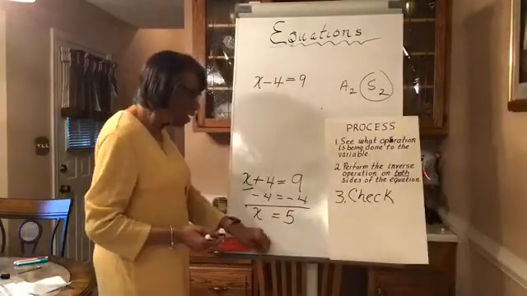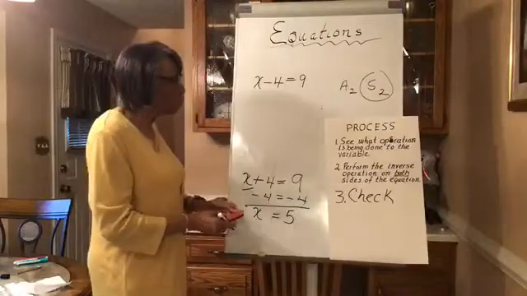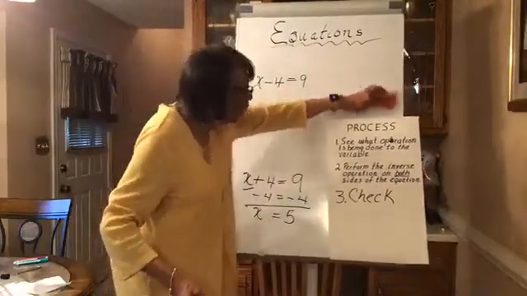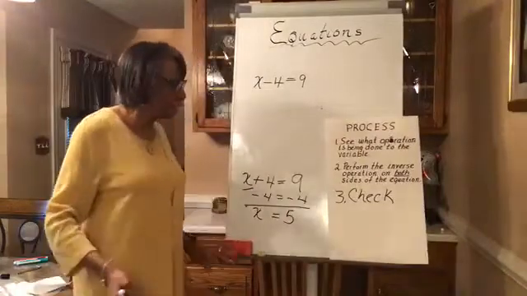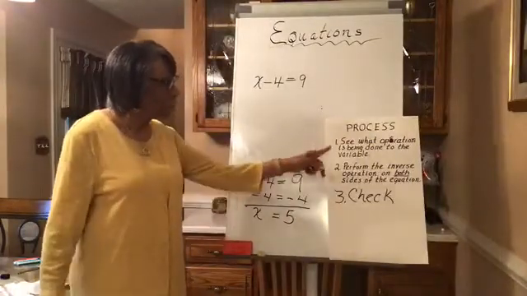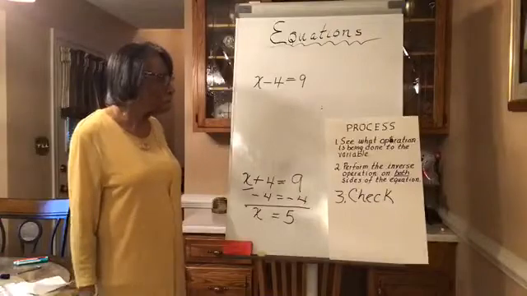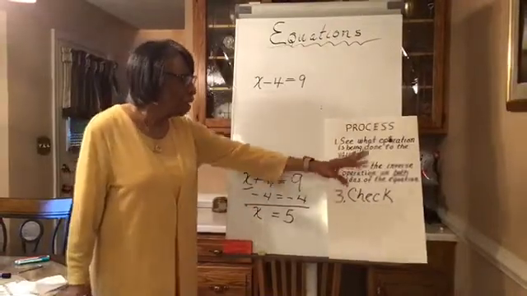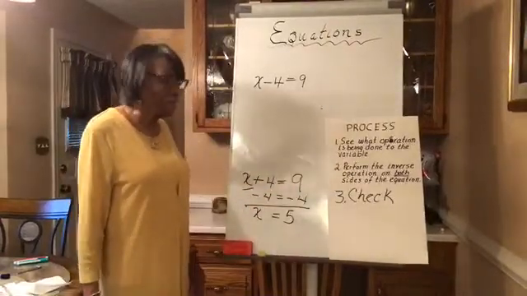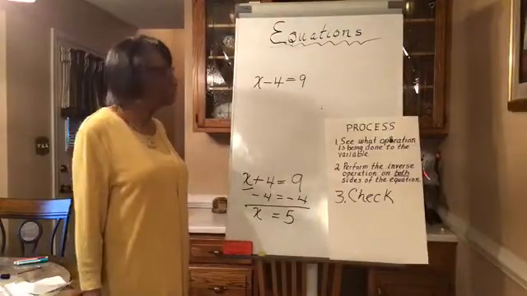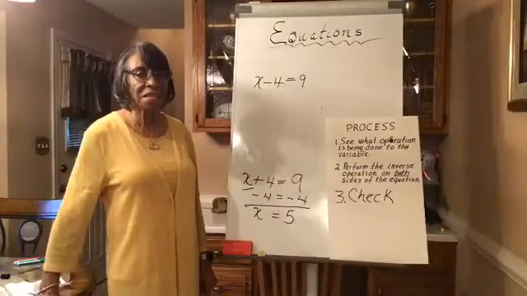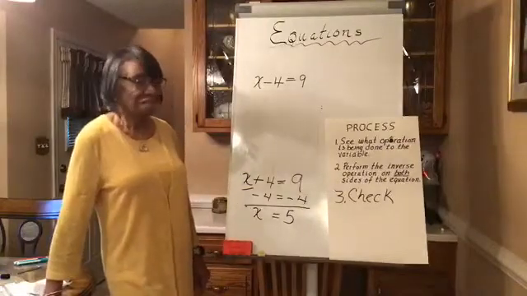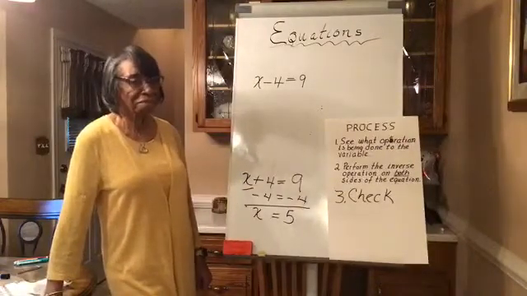Pause a minute and let you put your thinking cap on. Remember the process. Keep looking at it until you don't have to look at it. See what operation is being done to the variable and perform the inverse operation on both sides of the equation, then check. I know you already know what the answer is, but that's not solving the equation.